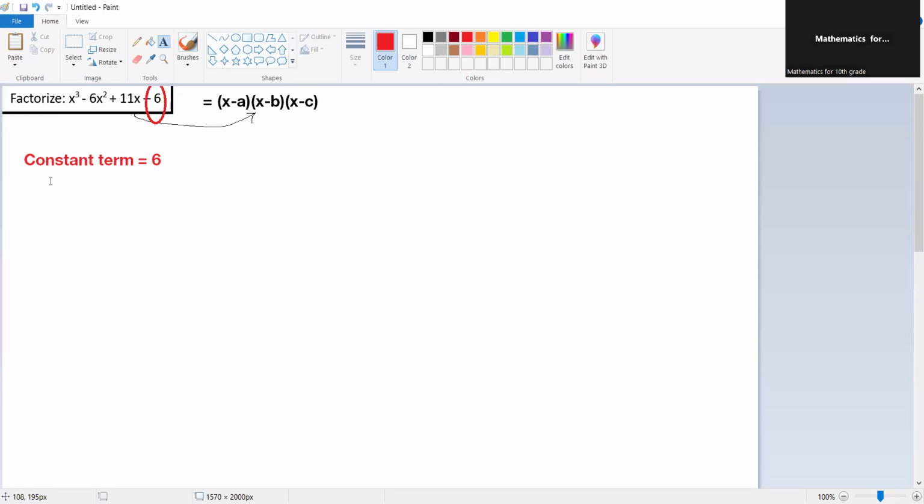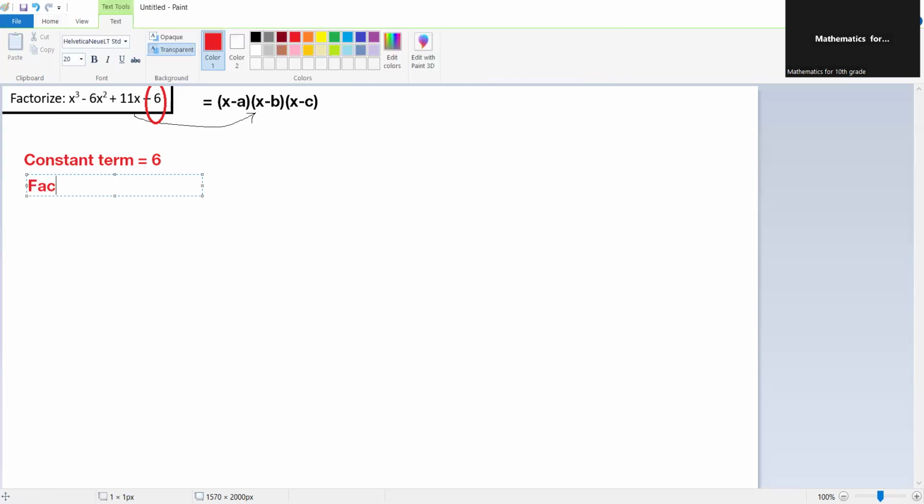So what are the factors of 6? 1, 2, 3. And when we check for a, b, c, we should also look for minus 1, minus 2, and minus 3.